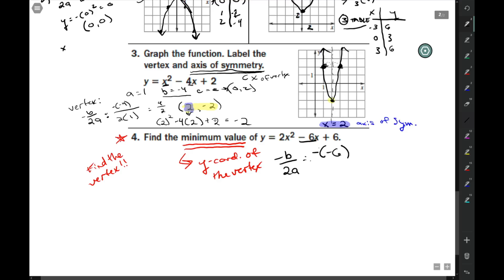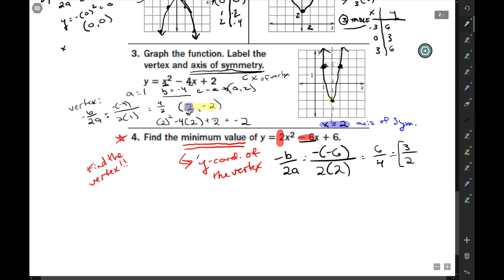-6 all over 2 times 2. Mr. D, where are you getting all this stuff? From 2 and from -6. Okay? This here, be careful, is +6 over 4. It's a fraction. Don't be scared. Now, with the 3/2, that's only one part.